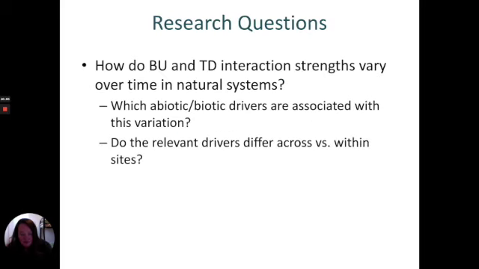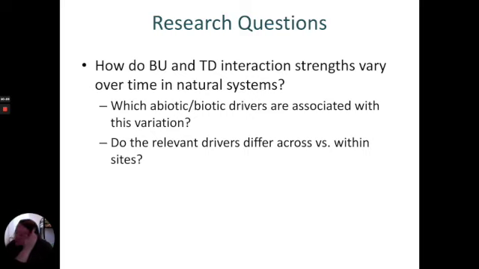So using these methods, we set out to ask the question of how bottom-up and top-down species interaction strengths vary over time in natural systems. Again, using EDM allowed us to not only classify a system as bottom-up or top-down control as a whole, but actually look at how these things varied through time.